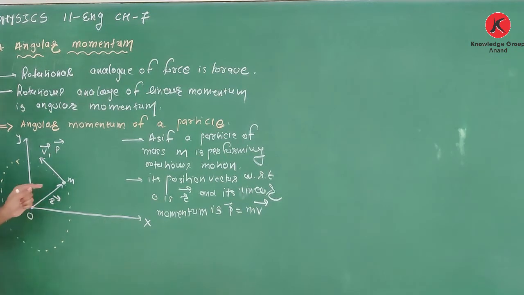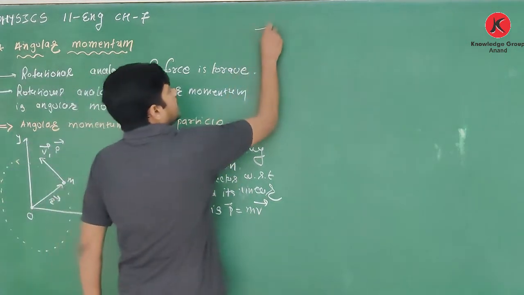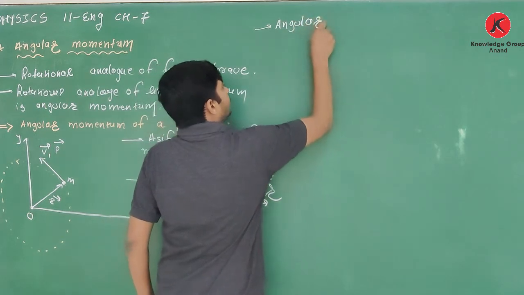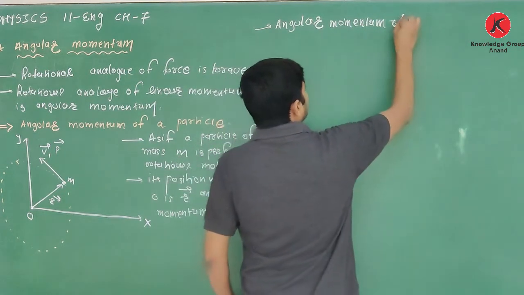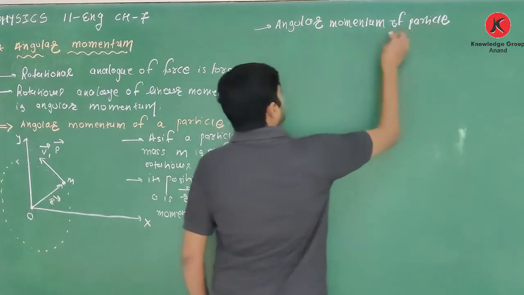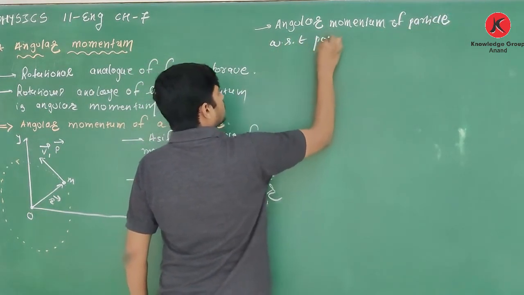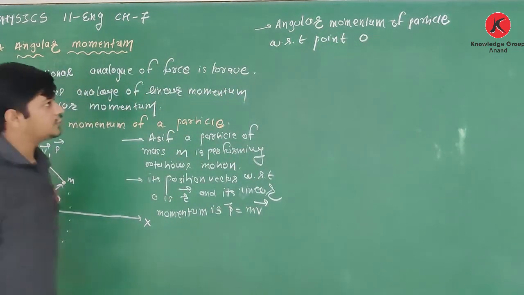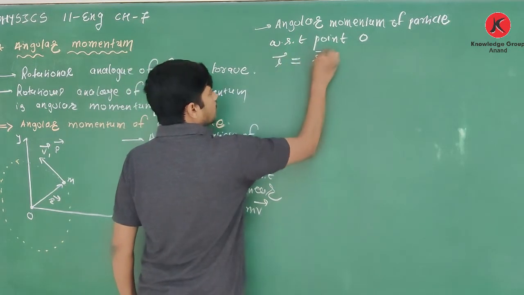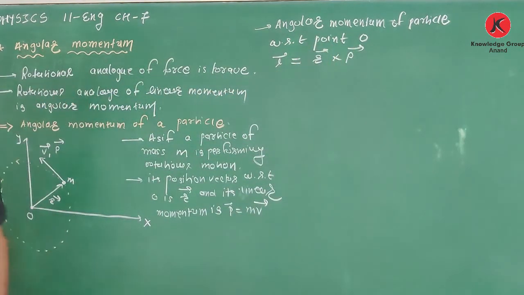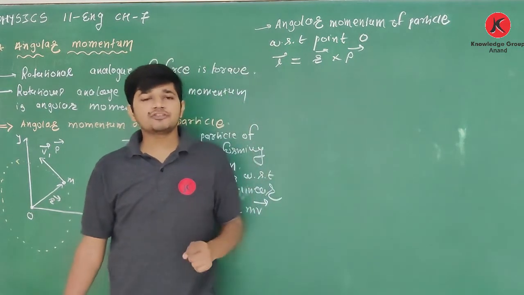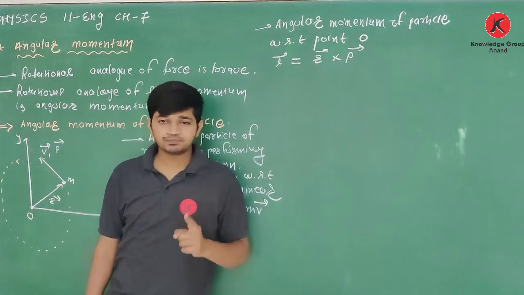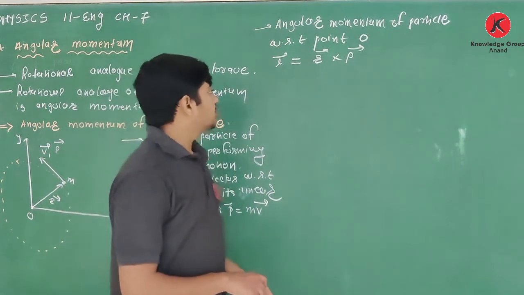So what is the angular momentum of this particle and how is it defined? The angular momentum of a particle with respect to point O is defined as L is equal to R cross P. It is the definition of angular momentum: L is equal to R cross P, where R is the position vector and P is the linear momentum.